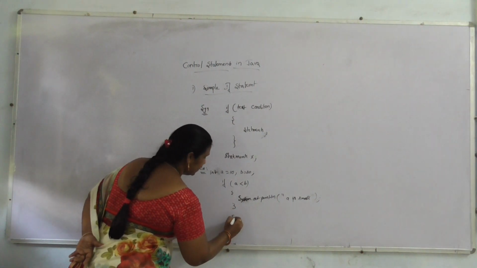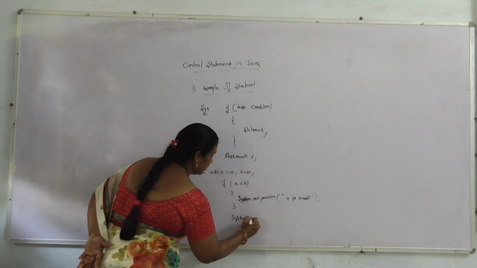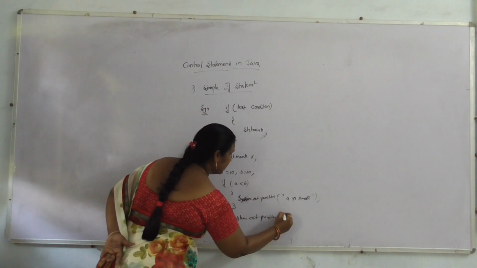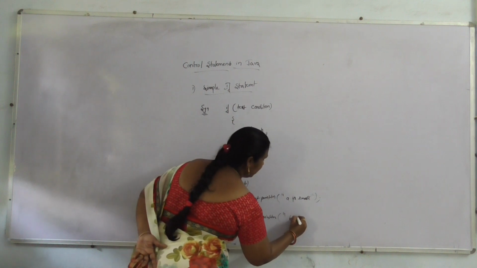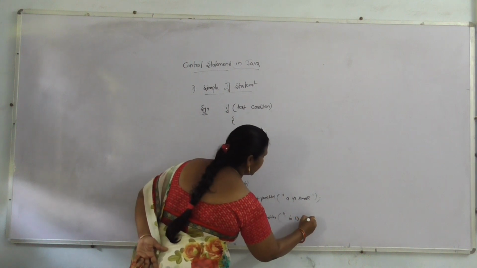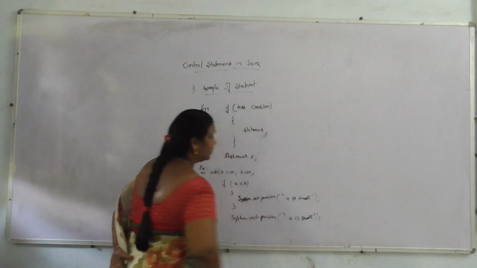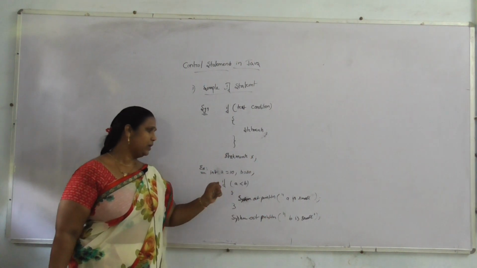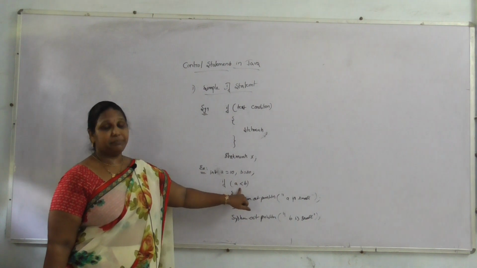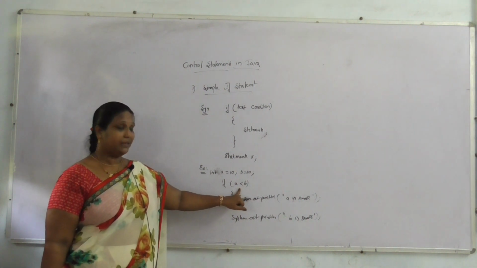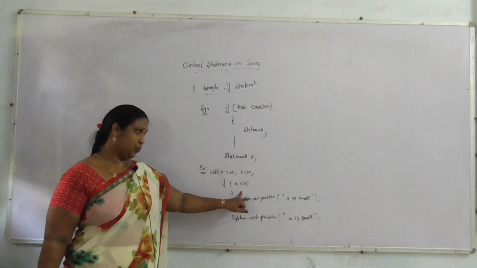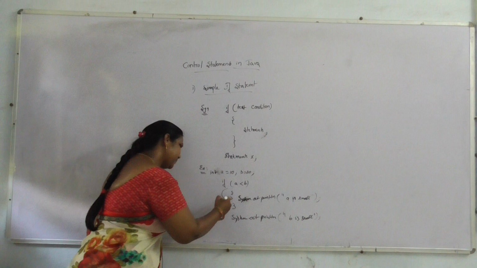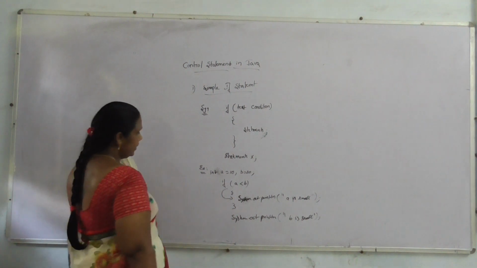Next, System.out.println("b is small"). Here in the example a is 10, b is 20, if a less than b, the condition will be true. Next, the controller comes to this statement.